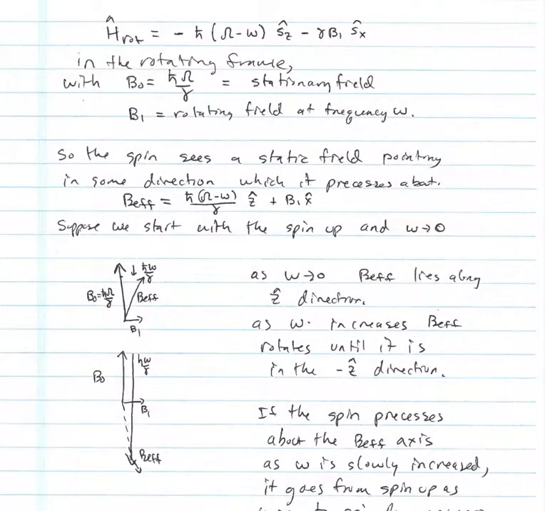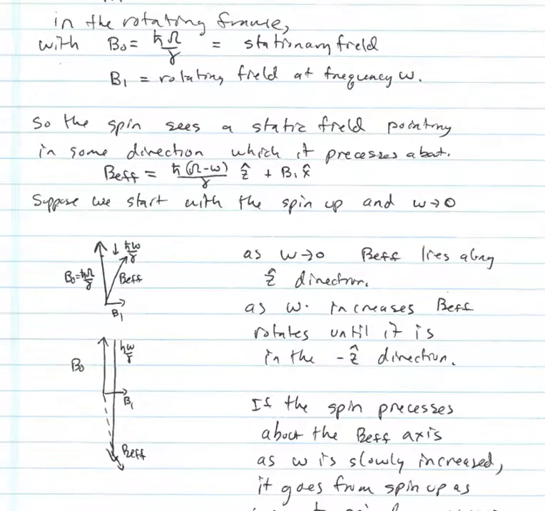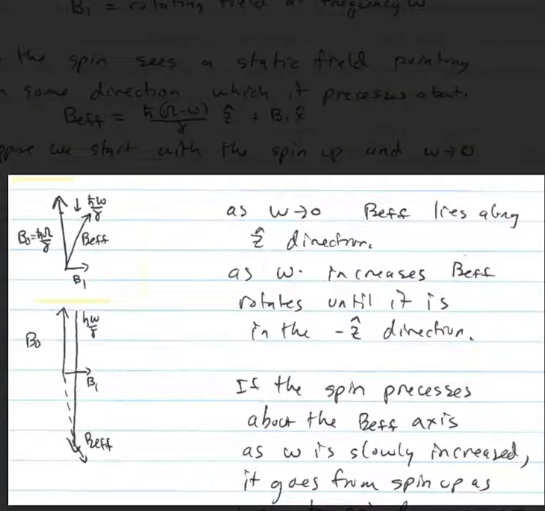So now we're going to make an abstraction of this. We're going to forget about the cyclotron resonance problem. I'm going to simply ask the question, what happens if we look at the limit where omega approaches 0 and big omega approaches infinity? So if big omega is very large and B1 is very small, we essentially have a magnetic field that is pointing along the z-axis.